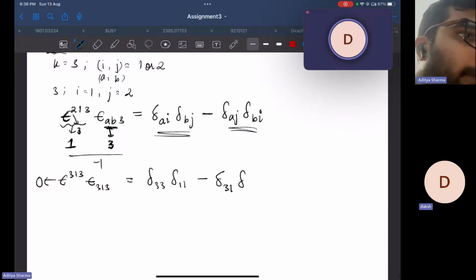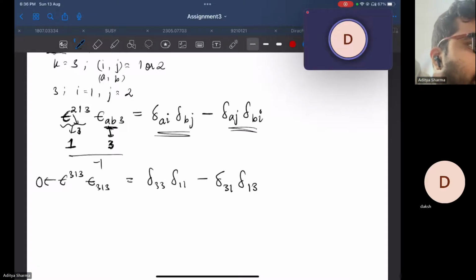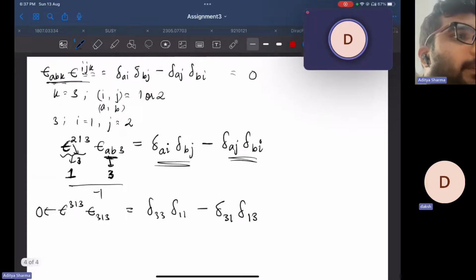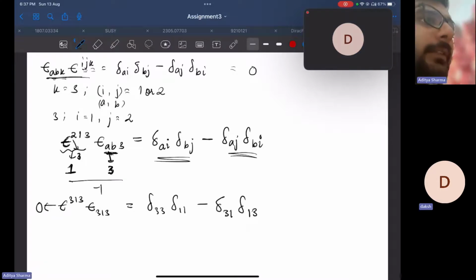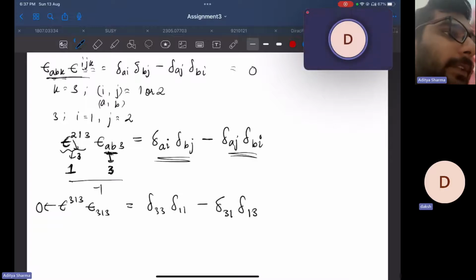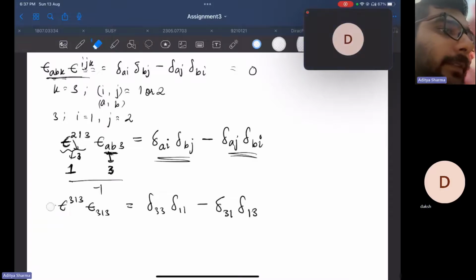Okay, there's some mistake here. Did I make some mistake? Oh, sorry. The k cannot be 3, right? K has to be a summation. So you will get it to be 0. You understand?